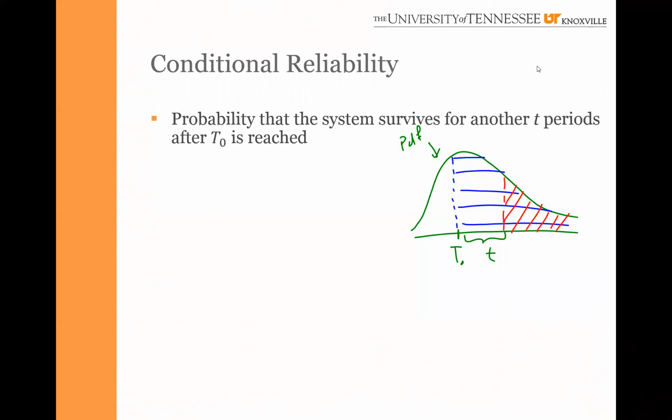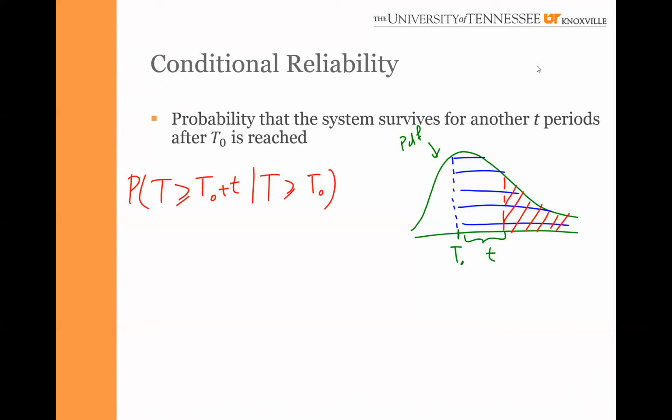So in essence, I'm interested in the probability that my random variable is greater than or equal to T0 plus T, given that my random variable is greater than or equal to T0. Given that it has survived up to T0, what's the probability that it will survive for another lowercase t units of time?